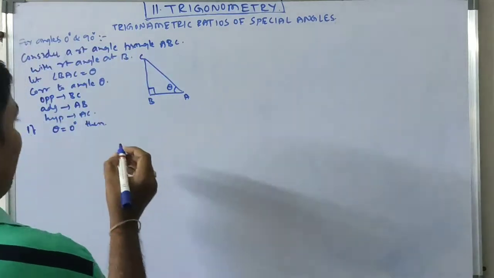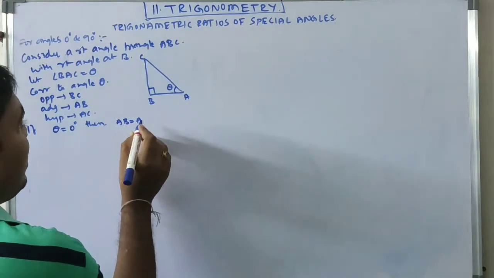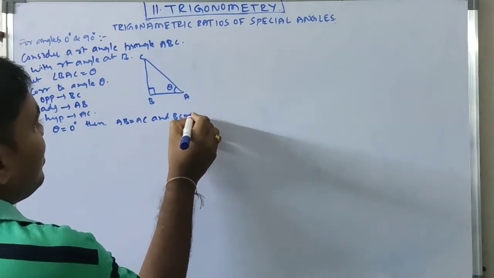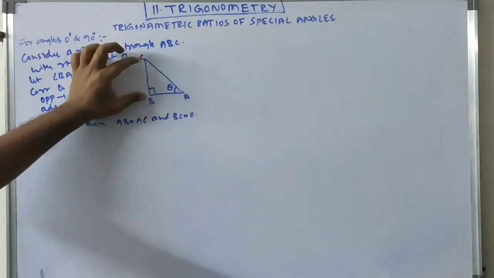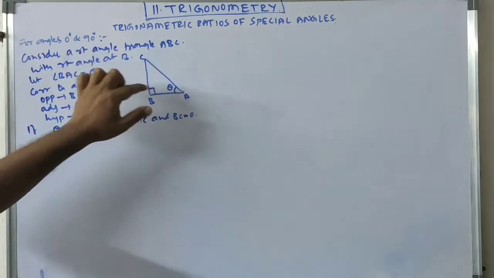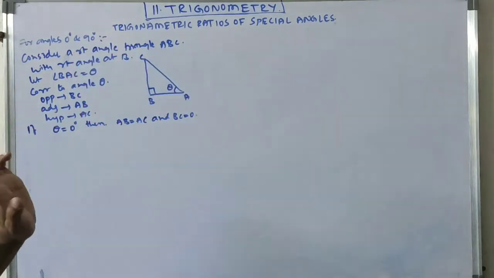Then AB equals AC, and points B and C coincide. So when the angle is 0, B and C coincide, AB equals AC, and the length of BC is 0.